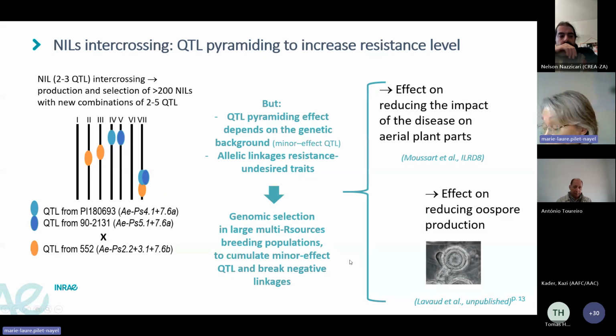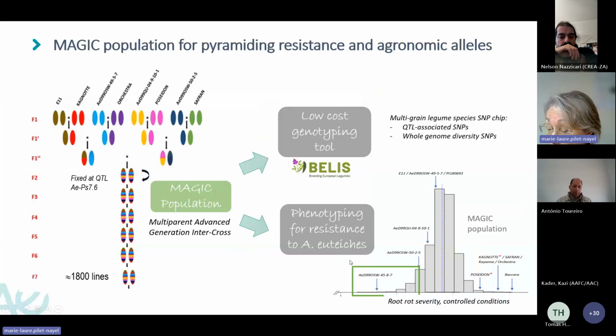linkages. So in order to develop this type of new breeding scheme, we have created a large multi-parent advanced generation intercross population, for efficiently pyramiding resistance and agronomic alleles. The population is comprised of about 1,800 lines and was fixed at the major effect QTL AEPS 7.6 from the early generations.